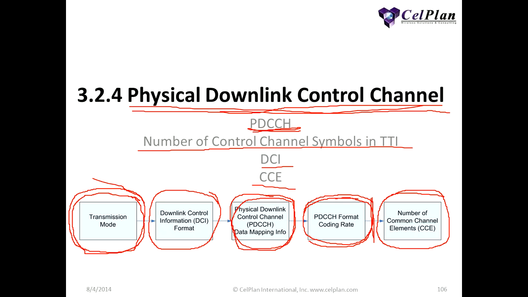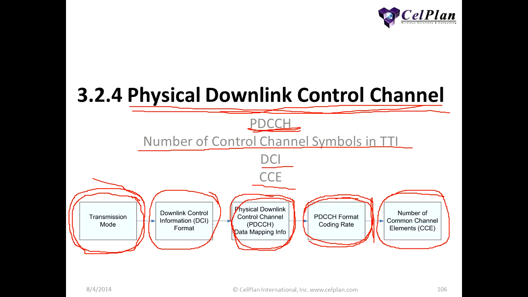Because a control channel element is basically one map. Oh, excuse me, no. It's a fixed set of 9 quadruplets. So this fixed set of 9 quadruplets is the smallest amount that I can use to send DCI. So the smallest amount is 9 quadruplets, that is 36 resource elements.